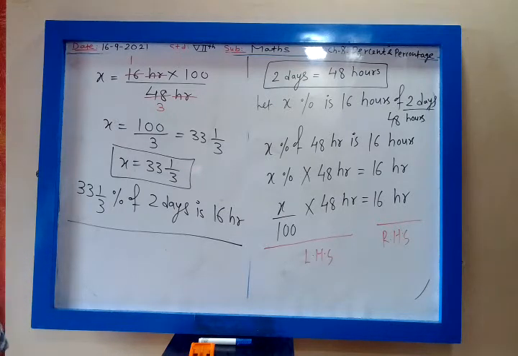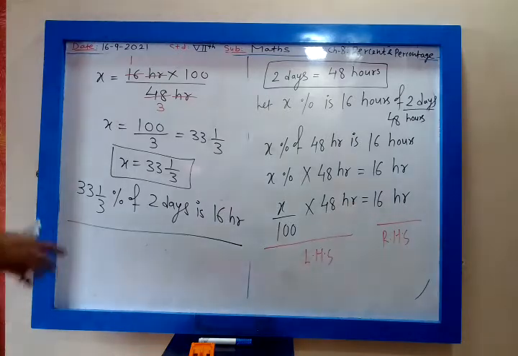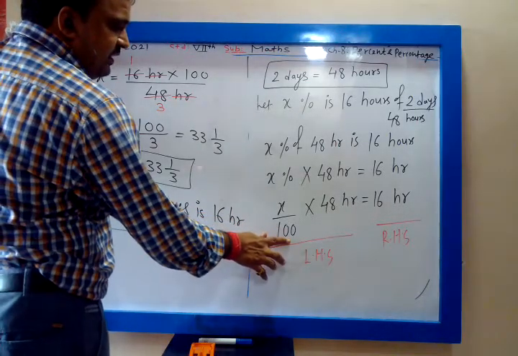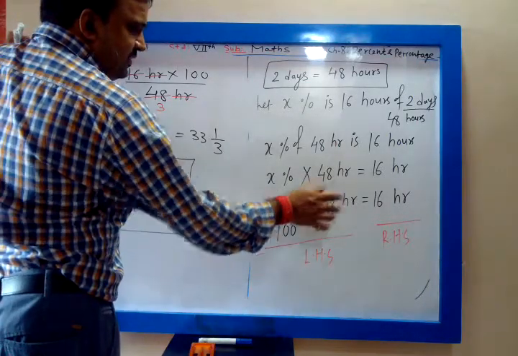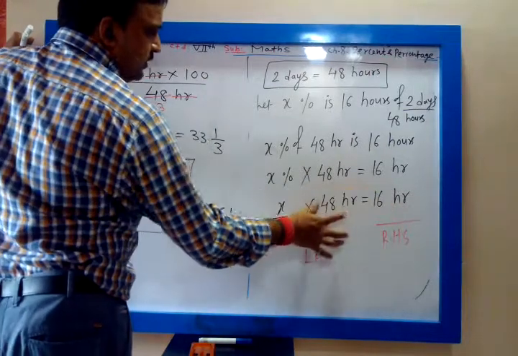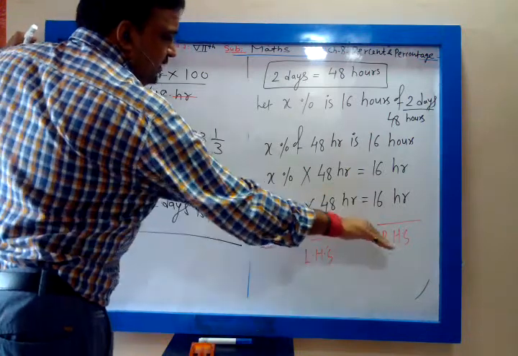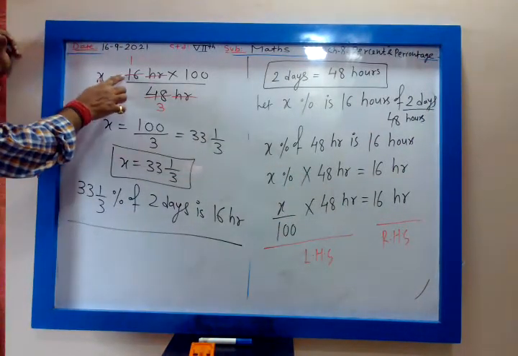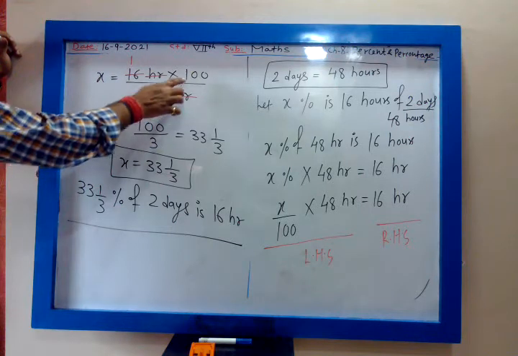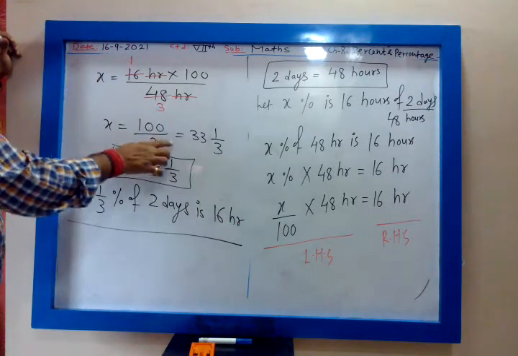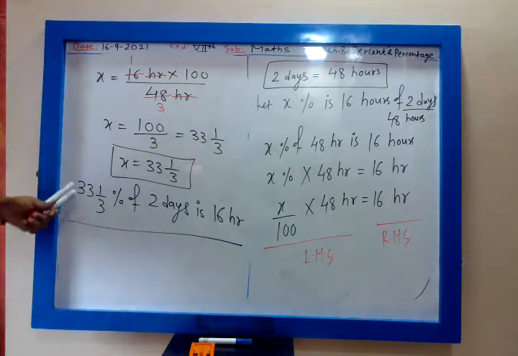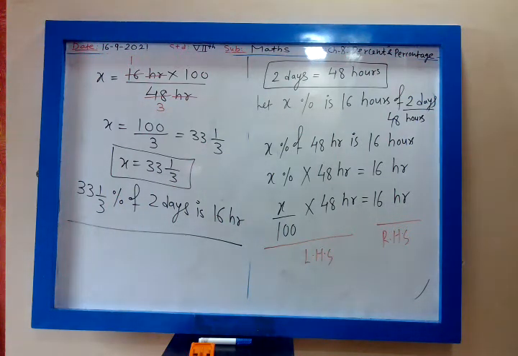See here, this 100 is in the division, so on the right hand side 100 will go in the multiplication. 48 is in the multiplication on the left side, so 48 will go in the division on the right hand side. 16 1 is 16, 16 3 is 48, 100 upon 3, 33 1 by 3. So 33 1 by 3% of 2 days is 16 hours. Is it clear?